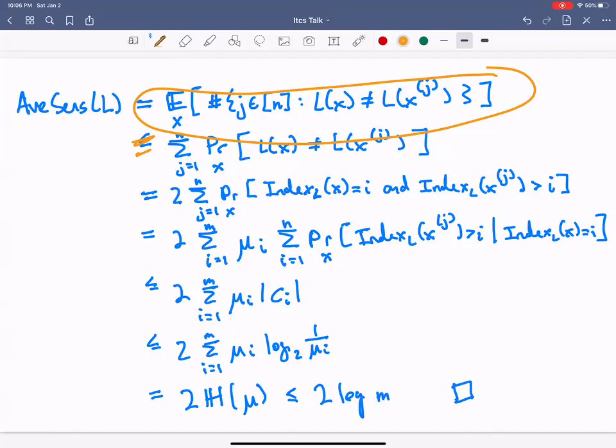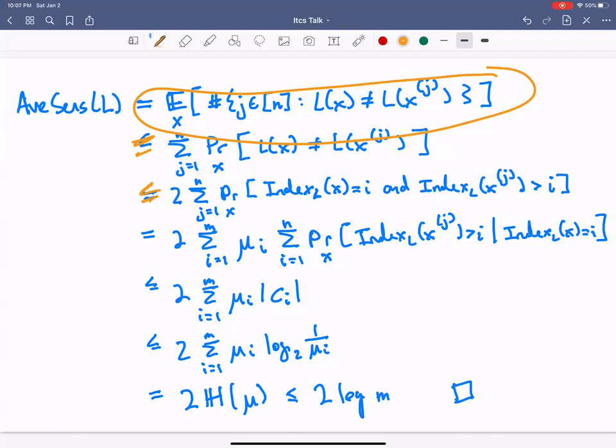Note that if L of X is different from L of X with its jth coordinate flipped, this means that the associated index function is also different on X and X with its jth coordinate flipped. And in particular, one is less than the other.